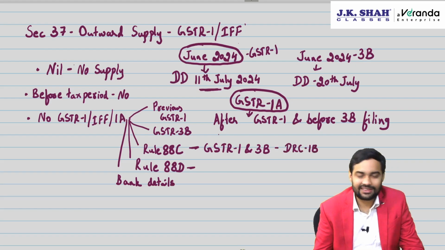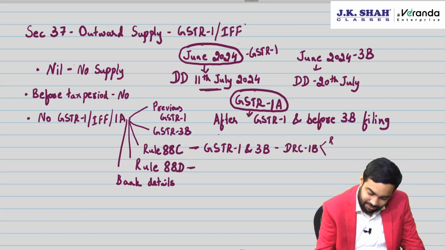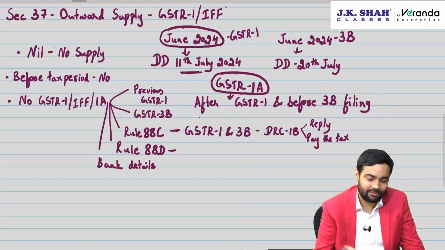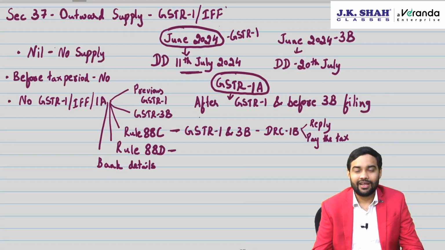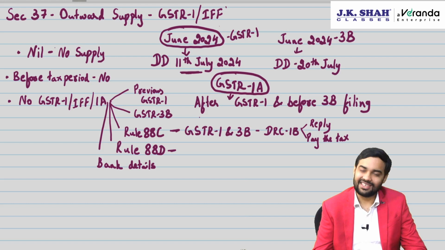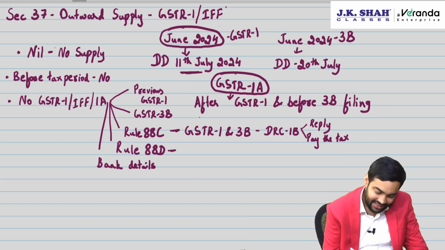Once that notice is sent, you have two options: 1. Reply. 2. Pay the tax. If you don't reply or pay the tax, then you will not be able to file the subsequent month GSTR 1. And if the reply is unsatisfactory, the officer might initiate recovery proceedings.